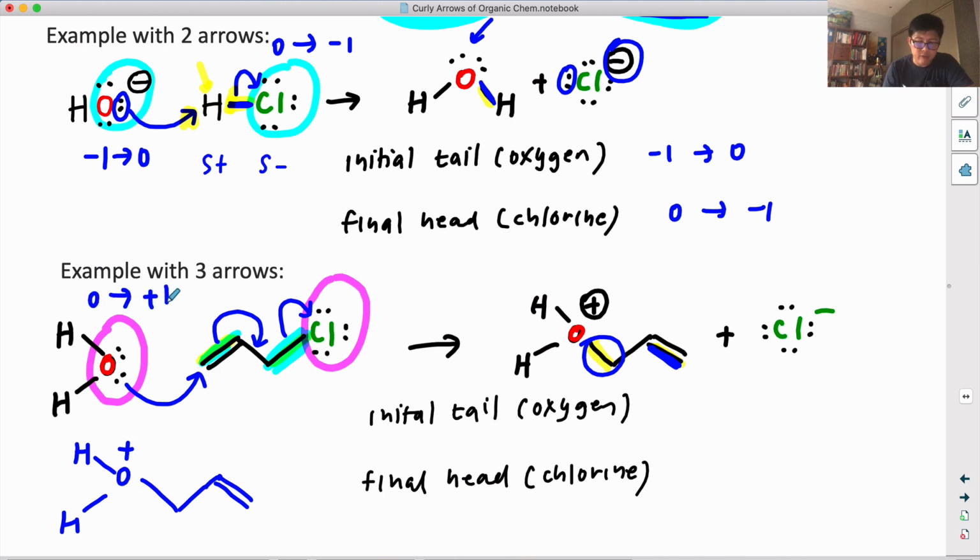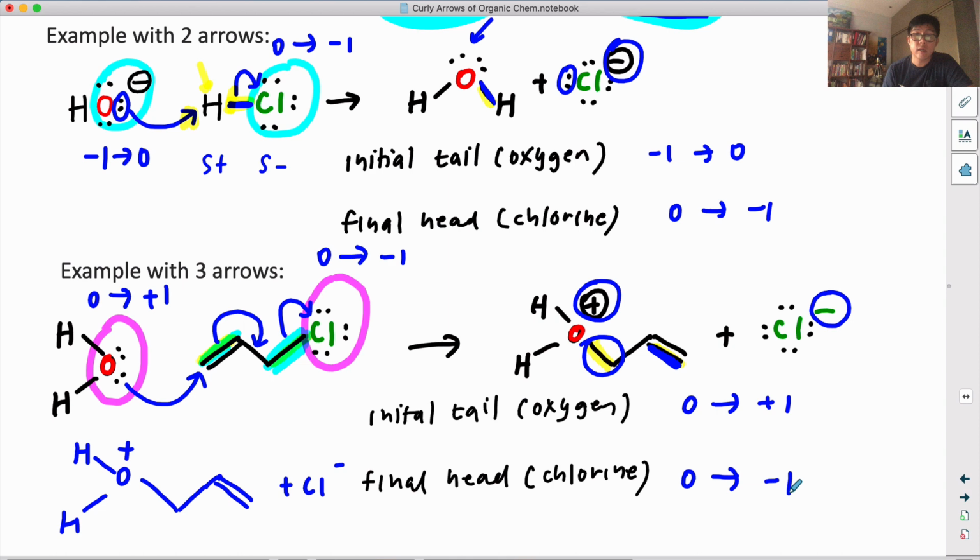And the final head for Cl, 0 to what? Minus 1. Can you see that? That's why there's a minus on this Cl and a plus on this O. So the oxygen goes from 0 to plus 1, and the Cl goes from 0 to minus 1. That's how it tells.